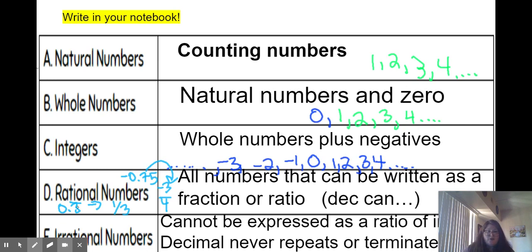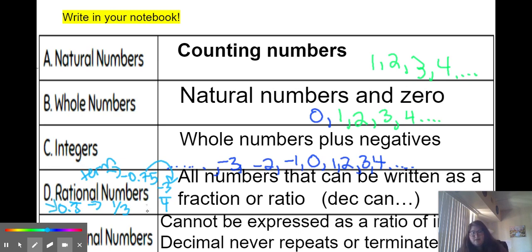Therefore, 0.3 repeating is also rational. So remember, when we're talking about rational numbers, we're not just talking about whole numbers, 0, any negative integer. We're also talking about decimals or fractions. Any fraction works, or any decimal that terminates, like this one, or repeats, like 0.3 repeating.